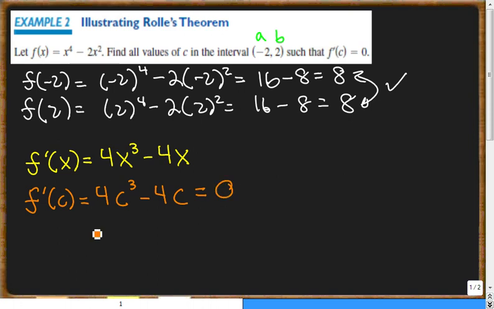Well, how do I go about solving this? I've got two terms, and if I have two terms and they both have the variable that I'm interested in, you need to look to factor. So I want to figure out what's in common to each of these terms. There's a 4 and a c in common to both.